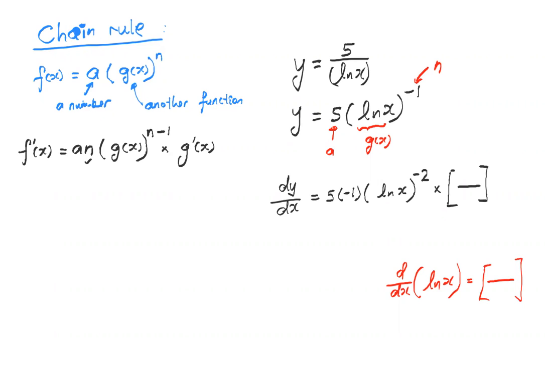So this is x right at the bottom. Derivative of x is, rate of change of x is 1. So I write this down here, 1 over x. So I can leave my answer as -5 over x and ln x, the whole thing squared.